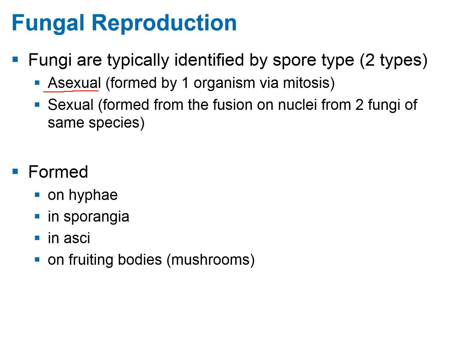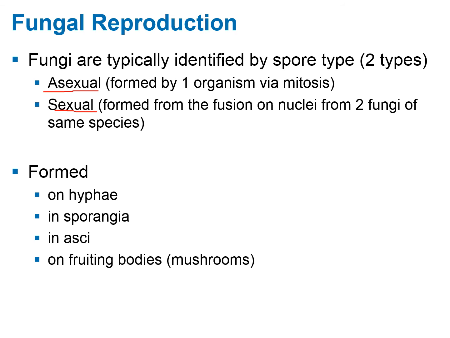Okay. Asexual spores are the ones that are usually formed by human pathogens, and at one time they were commonly used for clinical identifications of fungal diseases. Sexual spores are formed when two different fungi, their nuclei, fuse together.